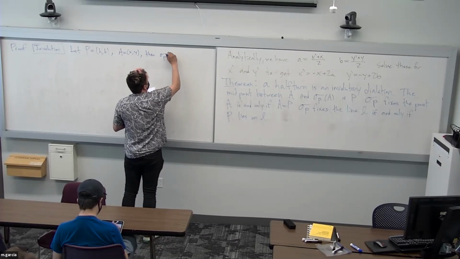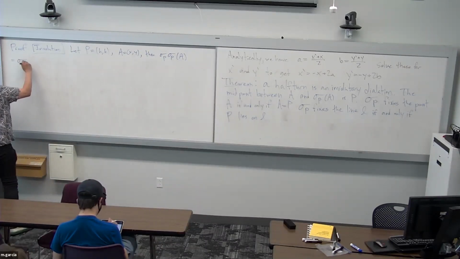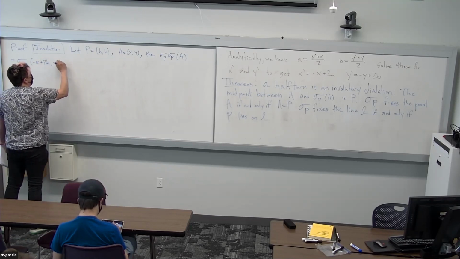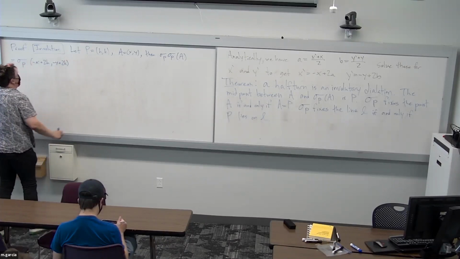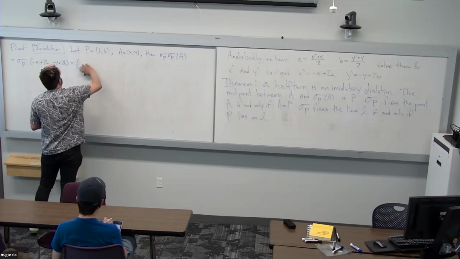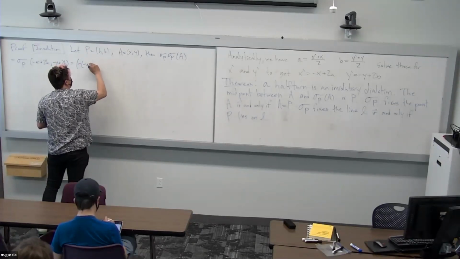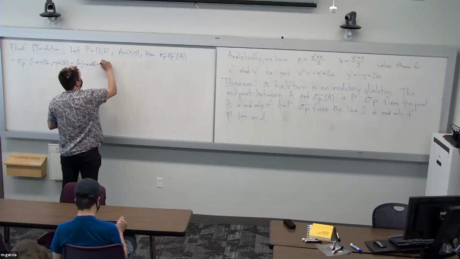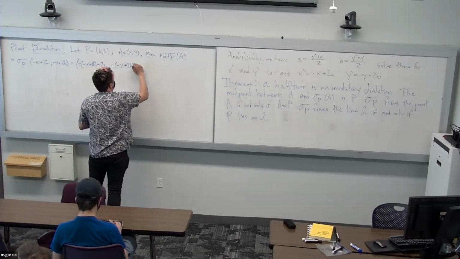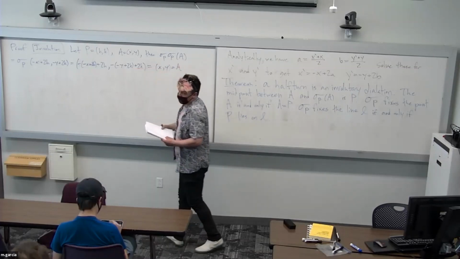Then sigma sub P of A is just equal to sigma sub P of negative x plus 2h comma negative y plus 2k, which is just equal to negative x plus 2h plus 2h, comma negative y plus 2k plus 2k, which of course is just A.